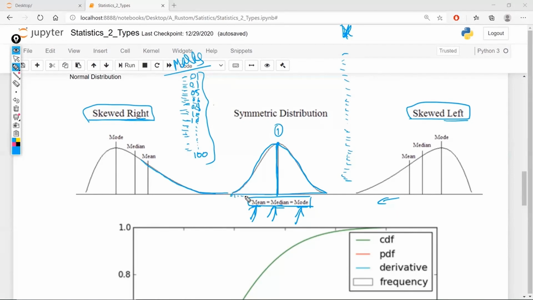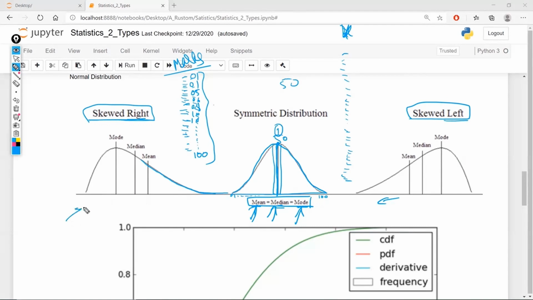Starting from 0, 1, and so on up to 100, in between, suppose it is 50. Most students will get marks around the 50 range, maybe 45 to 55. So in this case, it is a symmetric distribution.